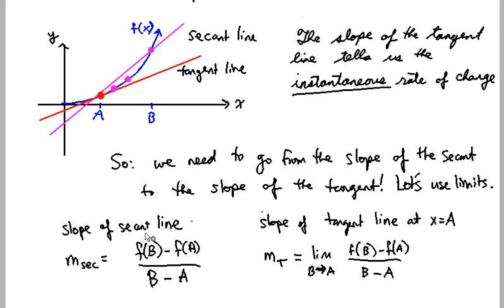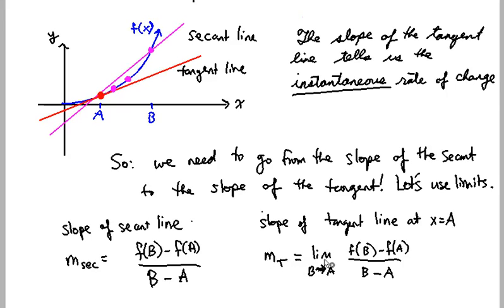Let's start with the formula for the secant line. This is what we had earlier. As I change my B and get it closer to A, I should be able to get the slope of the tangent line. The slope of the tangent line at the point when x is A, right at this point, is m sub t, where this is m sub secant, the slope of the secant, and this is m sub t for tangent.